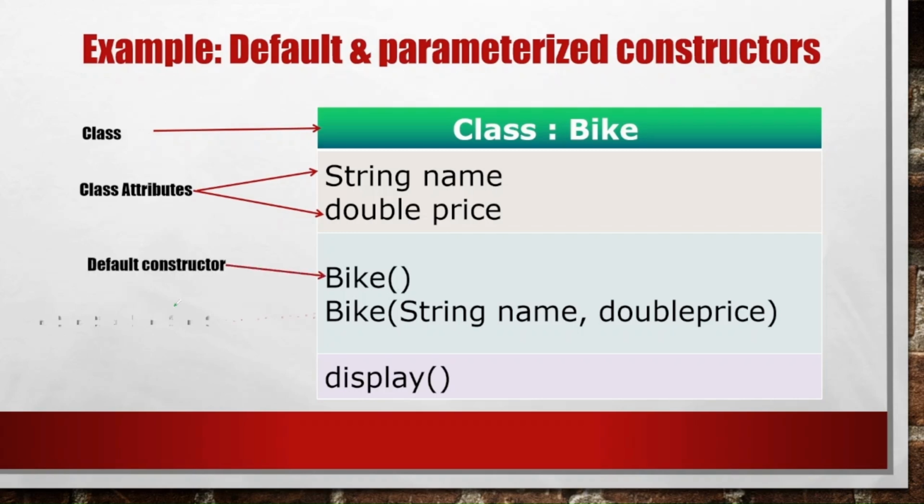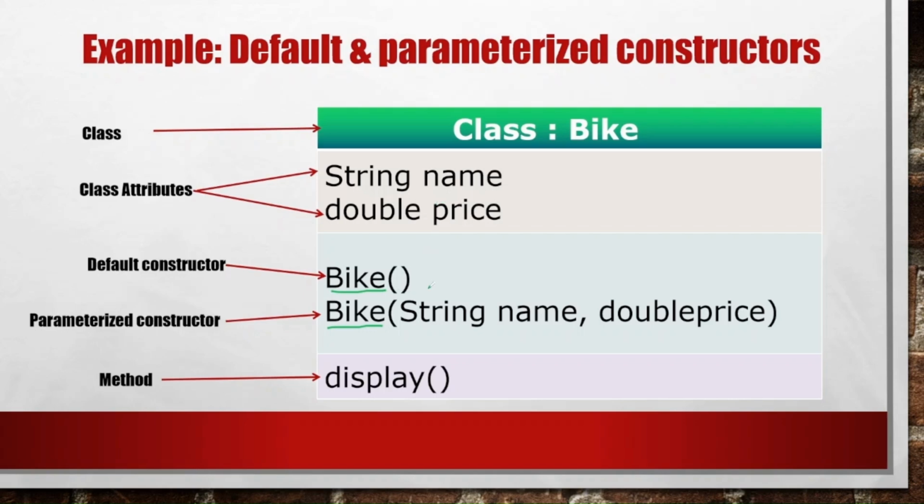One is a default constructor, another one is a parameterized constructor. The Bike constructor with no arguments or parameters is the default constructor, but in the other we are sending name and price. Display is the method name, it's not a constructor. We can display the values of the attributes here.